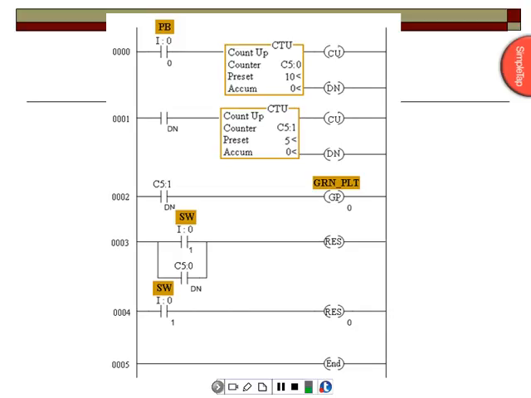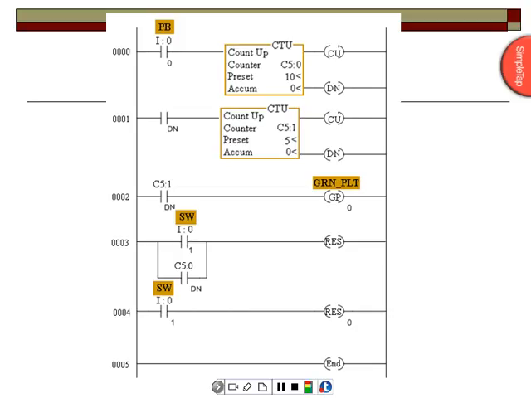Y'all see that in your book? So it's C50 done. So once it's done, it activates that next counter. What else does it do? Look at line 3. It resets itself.